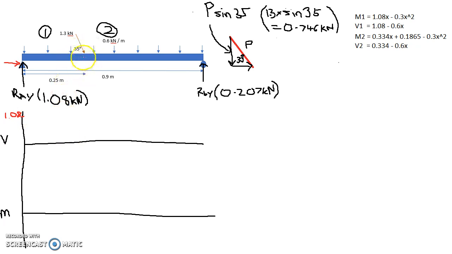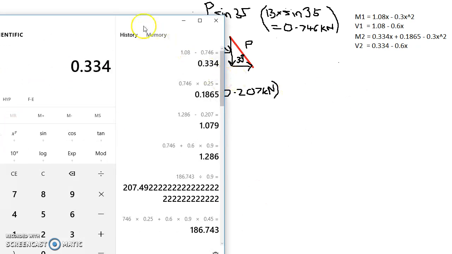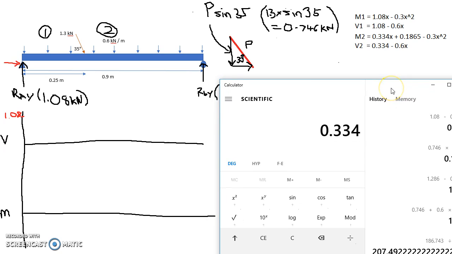What is the value of V1 at the end of that segment? Well, we have to plug in the length until the end of that segment into this expression here. I'm going to plug in 0.25 meters as my x value, and we'll see what we drop down to.